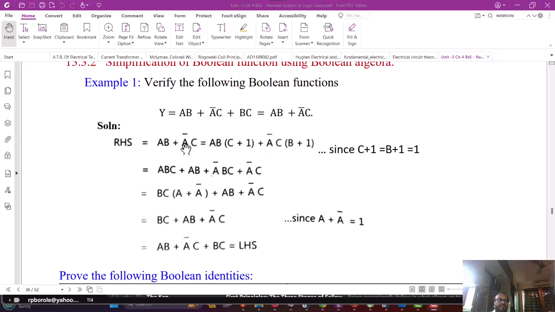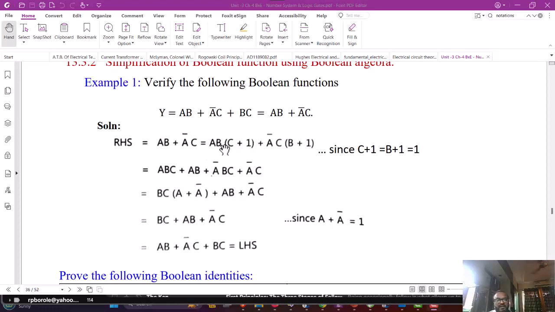Let us take the expression here for the Y. We take the right hand side here first. So right hand side is AB or A bar C. As we know, any term multiplied by 1 or ANDed with 1 is the same term.